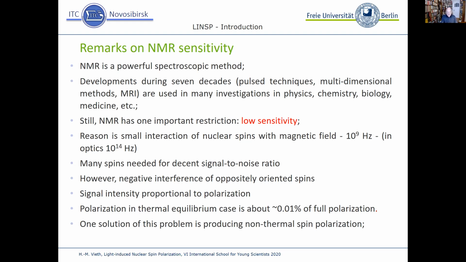In thermal equilibrium, we have a polarization which is only 10 to the minus 4 of full polarization at standard magnetic field and temperature. And one solution to increase the sensitivity of NMR is producing non-thermal spin polarization. And that's what I'm going to talk about.